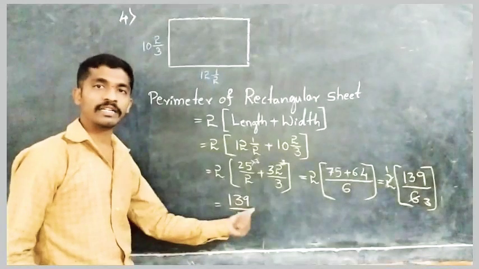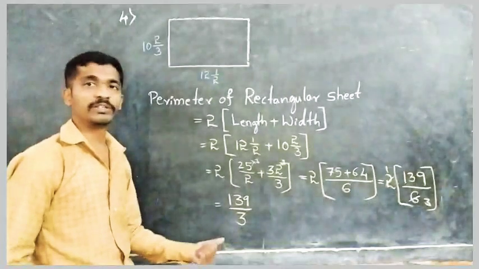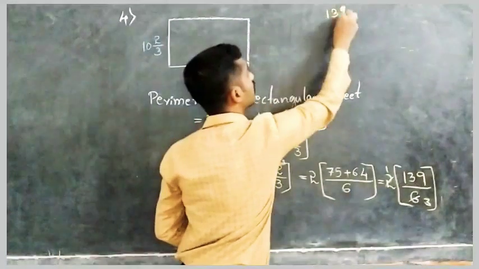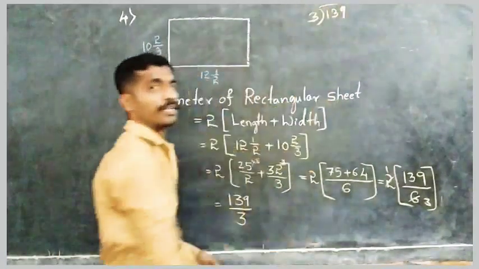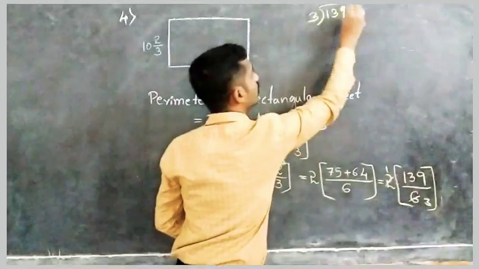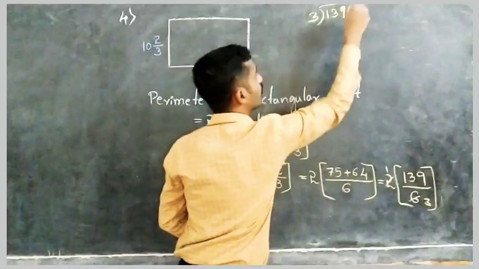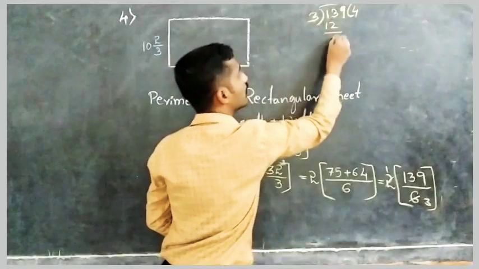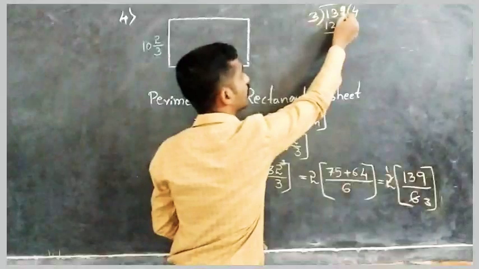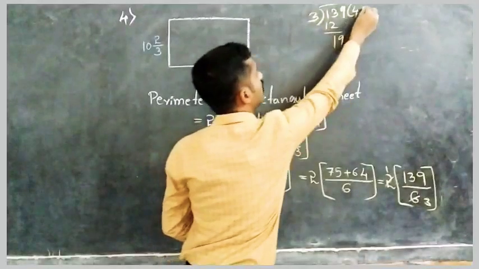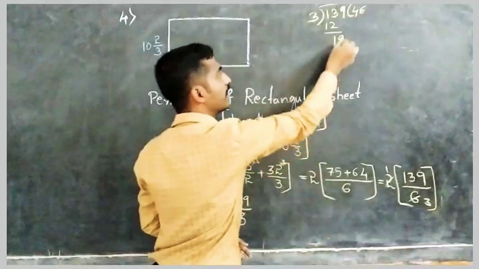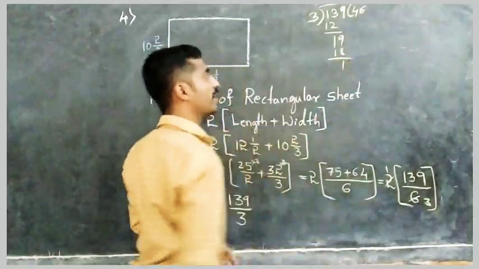So write them into a mixed fraction. How to do a mixed fraction? Divide 139 by 3. 3 4s are 12, so the remainder is 1. Next, taking the 9, 3 6s are 18. So 19 minus 18, remainder is 1.